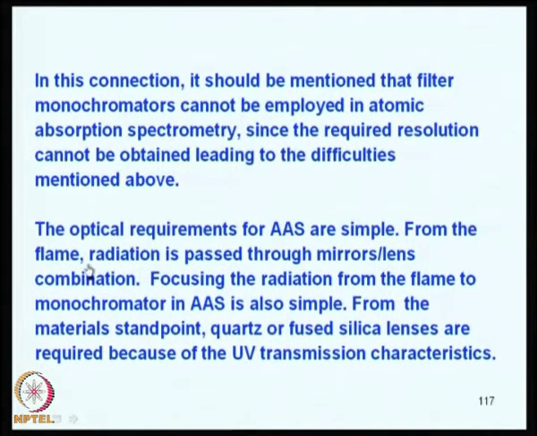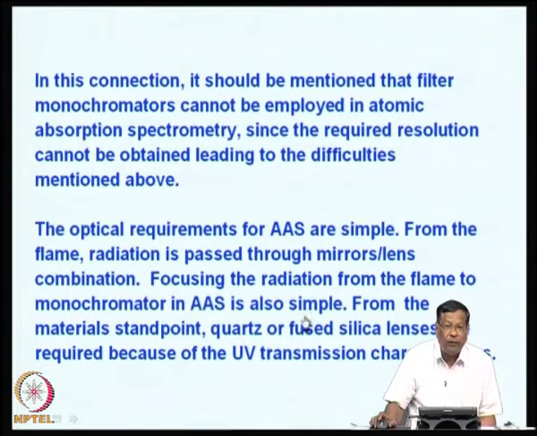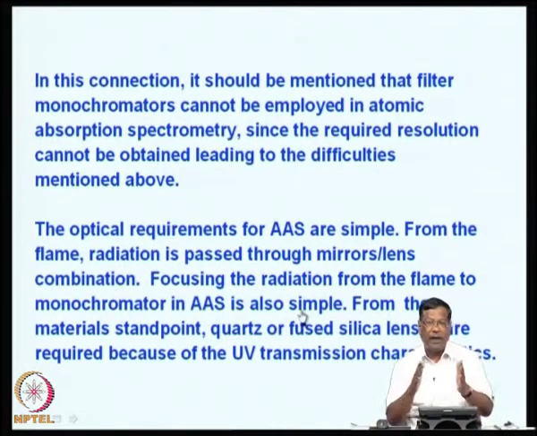From the flame, the radiation is passed through mirrors and then lenses, and it may be a combination of the two also, mirrors or lenses, and mirrors and lenses, either way. So, focusing the radiation from the flame to the monochromator in atomic absorption is also very simple, because so long as you focus the radiation onto the entrance slit, your job is done.